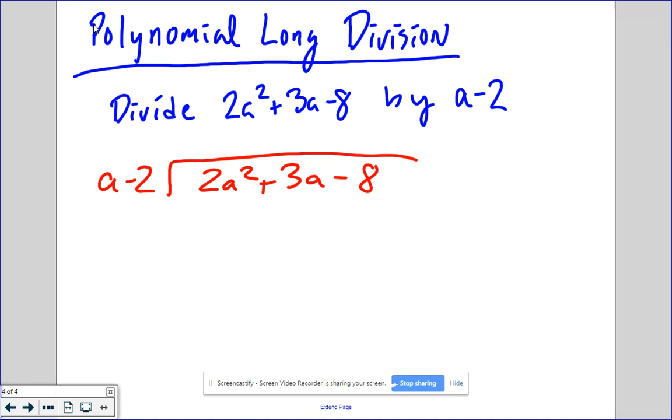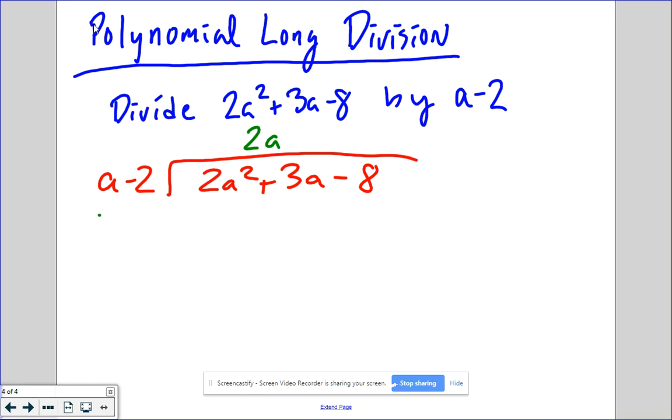Now, this gets a little bit more complicated, but the reason we started with base long division is the same principles of base long division are true in polynomial. So you still start with the first term on the outside, which in this case is not a number, it's a variable, a. And you look, well, what's the first one on the inside? 2a squared. What do I need to take a times to get 2a squared? 2a.